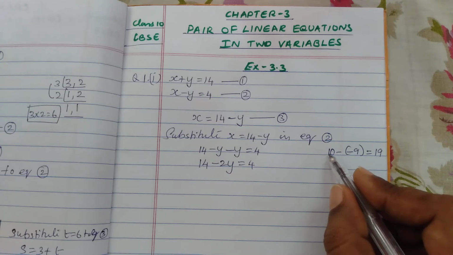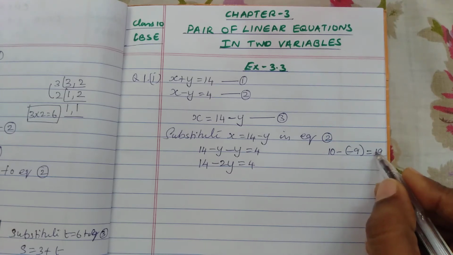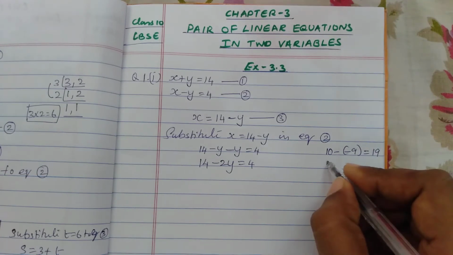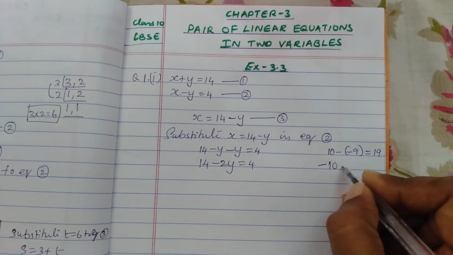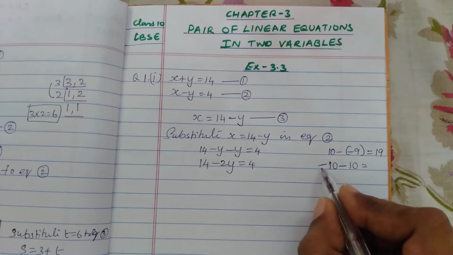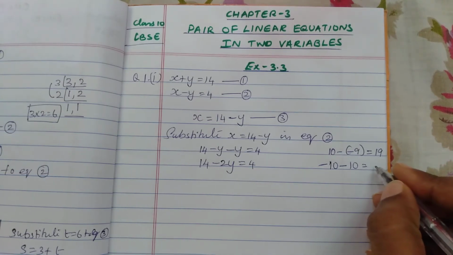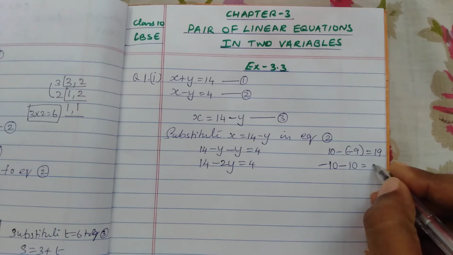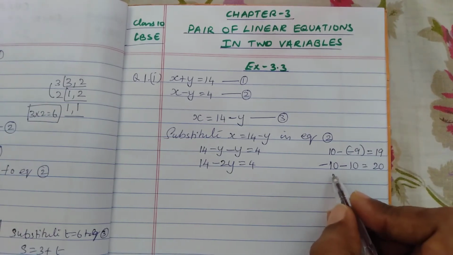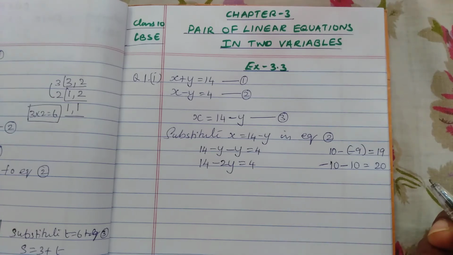Positive sign from the greater number. So this will be positive. Okay, but here if I have a number like this, minus 10 minus 10 is equal to, again minus and minus is plus, so here I will get 20. So which sign will I take? Because both the values are the same.